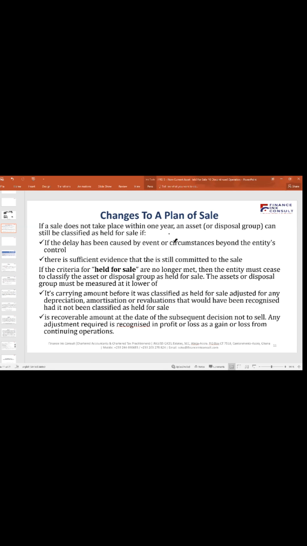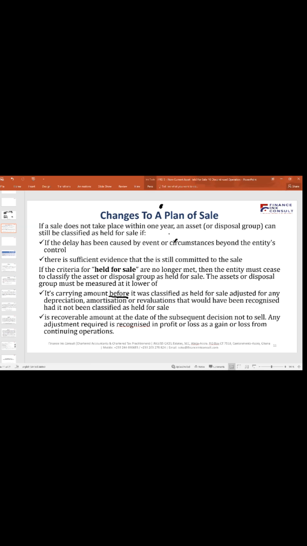The asset or disposal group must be measured at the lower of the carrying amount before it was classified as held for sale, adjusted for any depreciation, amortization, or revaluation that would have been recognized had it not been classified as held for sale.